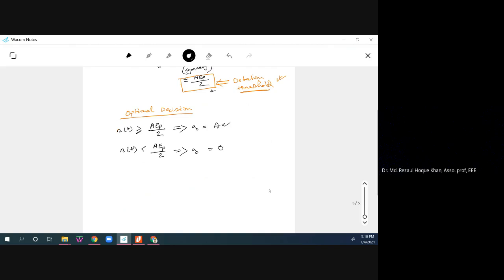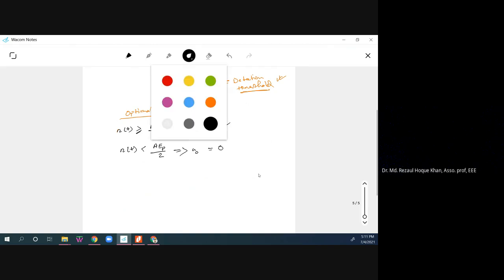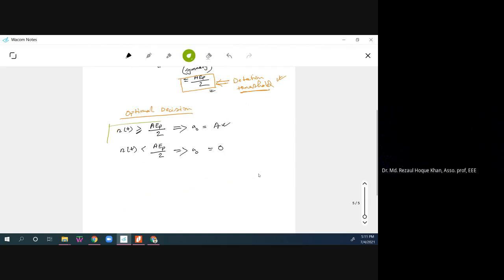So this is the optimal decision rule. How do we find it? By symmetry.